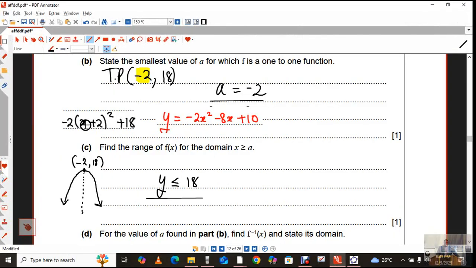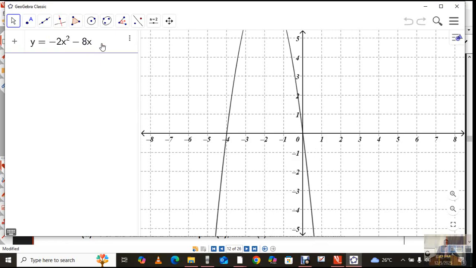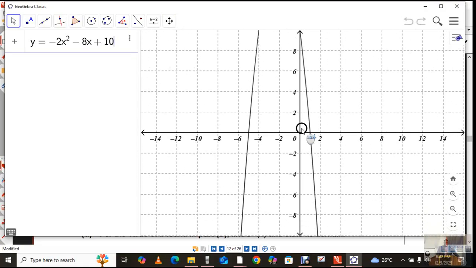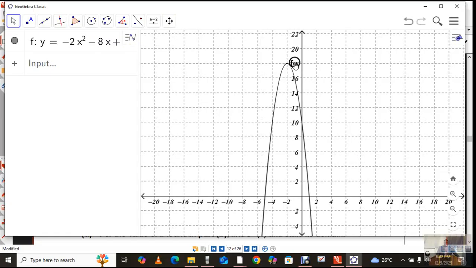You can write it like this, or I can write it like that, it doesn't matter. Right, it goes a bit haywire, but can you see the highest point here? Can you see the turning point that I was talking about?